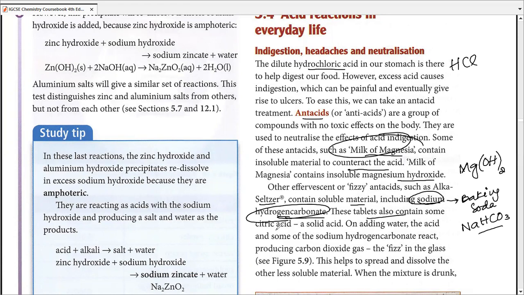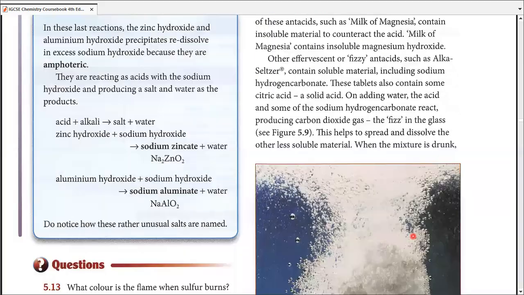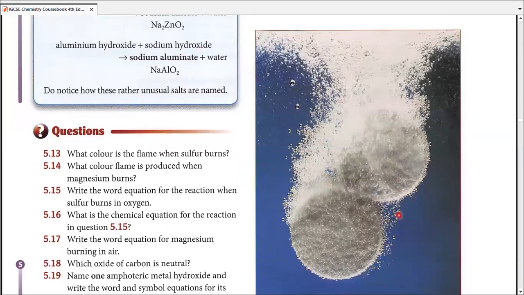Apart from that, these tablets also contain citric acid as a solid acid. On adding water, the acid and some of the hydrogen carbonate react. They produce carbon dioxide gas, which fizzes in the glass while mixing. So that's what we see along with these tablets.